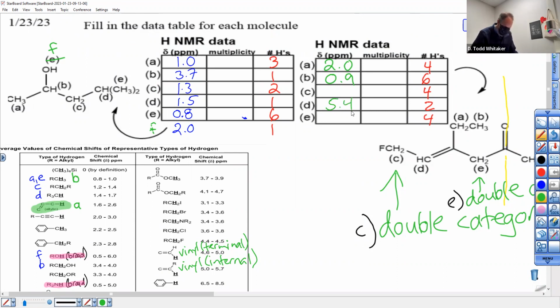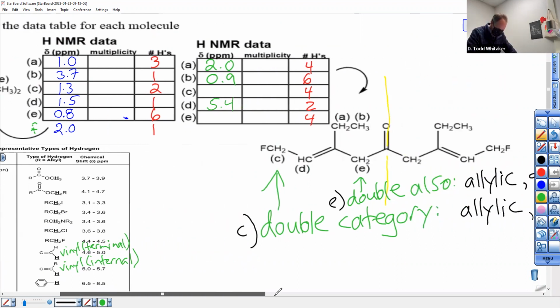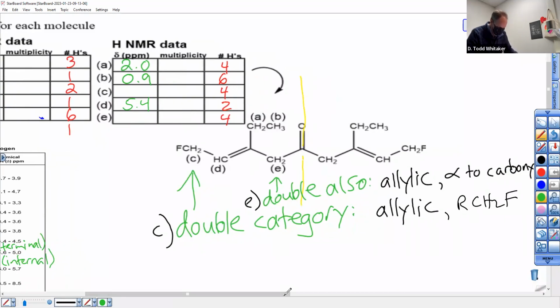Now time to talk about combined effects. So C, we got the two categories. Here's how you do the combined effects. We'll work on C first. The baseline for C, which would be same type of carbon with nothing special going on.